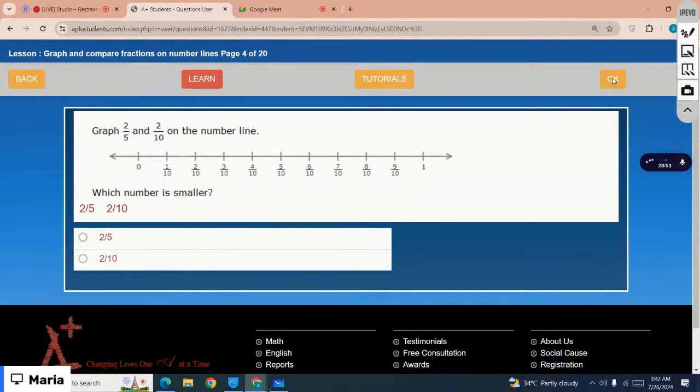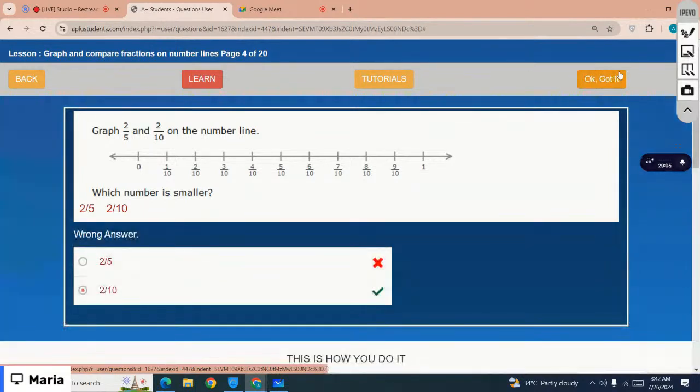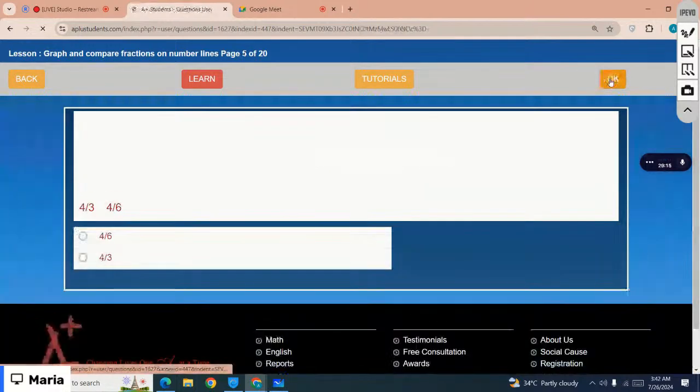The correct option is 2 over 5, right? 2 over 5 is greater than 2 over 10. Sorry, you have to see the smaller, right? So 2 by 10 is smaller, not the greater one.